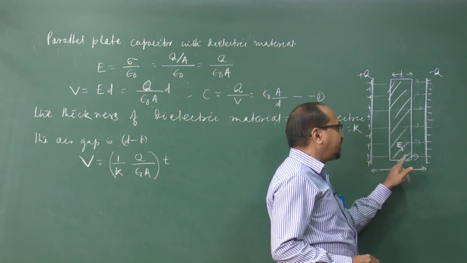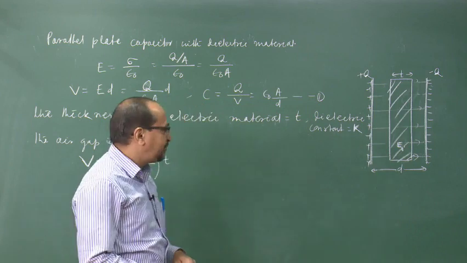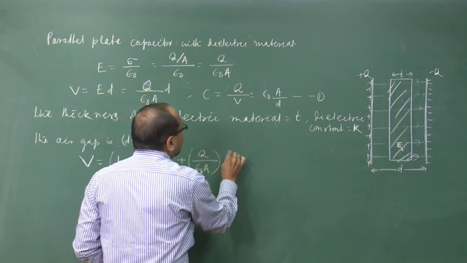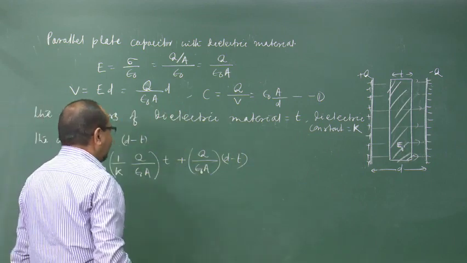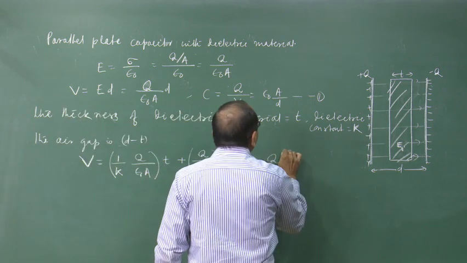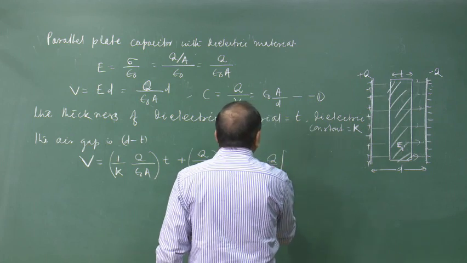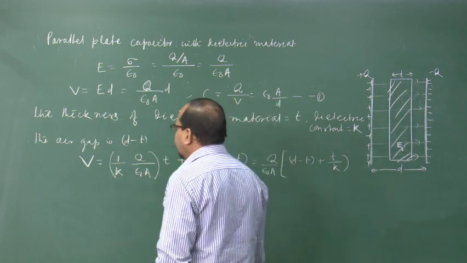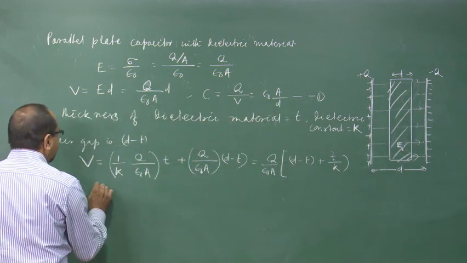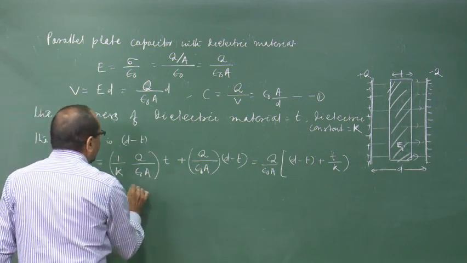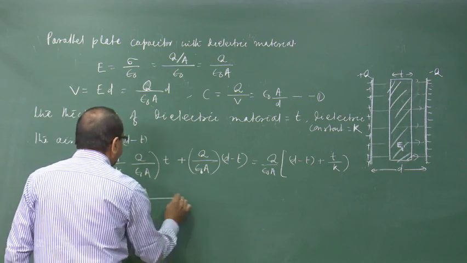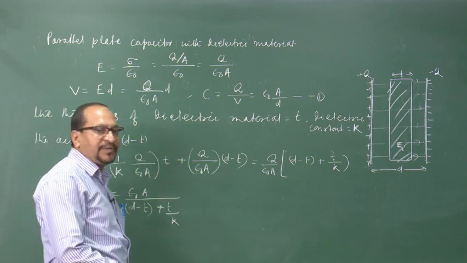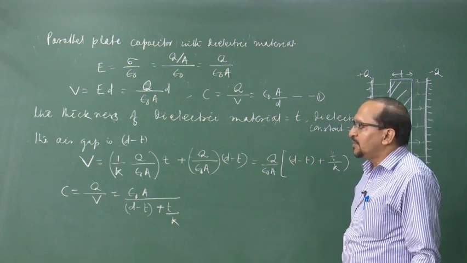The rest, the total potential difference in the air gap, is the field, q by epsilon naught A, into the air gap d minus T. So, this is our total potential difference, equal to q by epsilon naught A, taking common, d minus T plus T by K. So, the capacitance of this capacitor is C equal to q by V, which is epsilon naught A divided by d minus T plus T by K. This is the capacitance of a parallel plate capacitor when a dielectric material of thickness T is introduced between the plates.